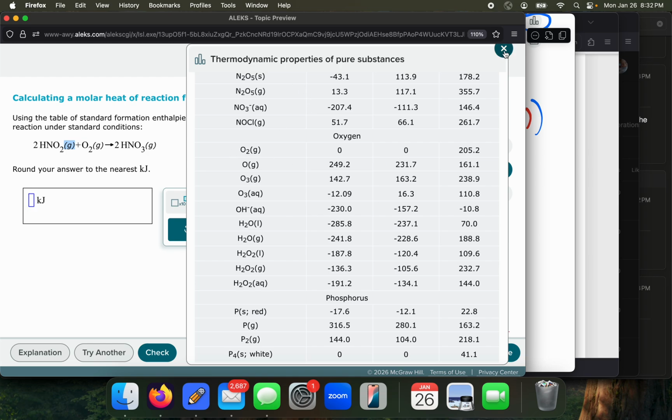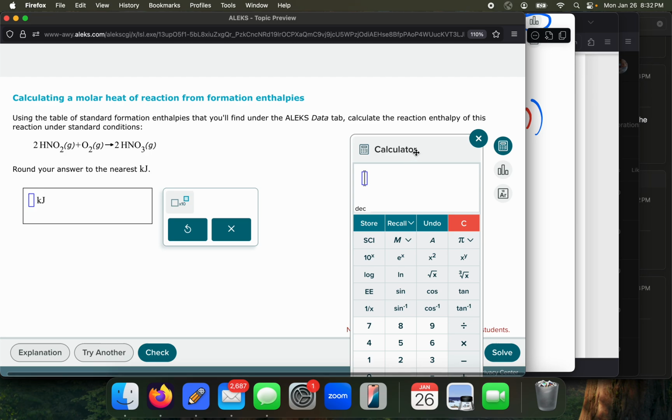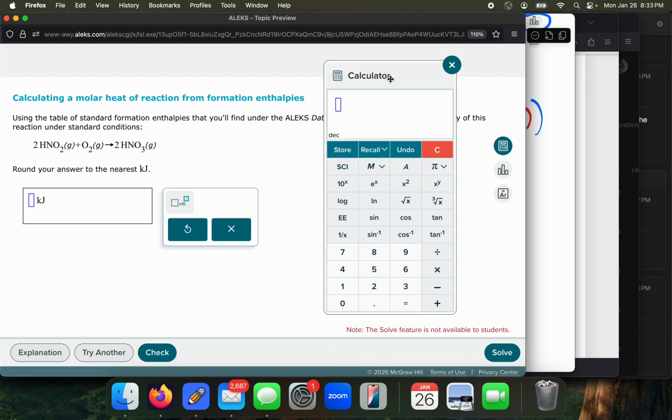I like calculating it out because if I'm way off, then I know. It's that minus that. It's 2 times nitric acid, minus 2 times nitrous acid. Nitric acid was minus 133.9.